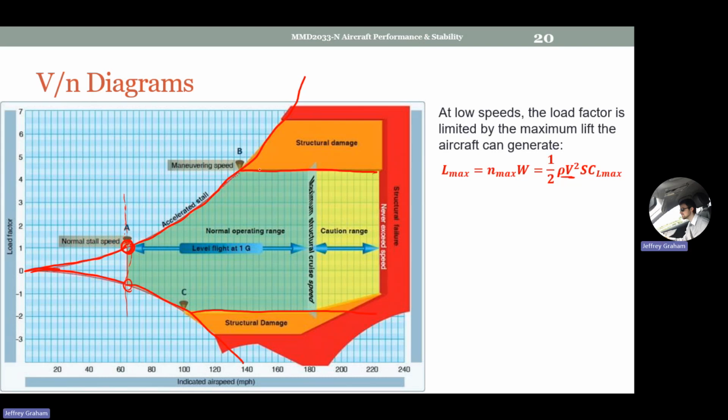If you go above that, we will damage the structure. It's not fatal, but it might cause some serious damage which needs to be repaired. If we keep on going, it will enter this red region. As you can see, is the structural failure. It will cause something to break off the airframe, no doubt, and you'll plummet to the ground. Same with the negative G loading.